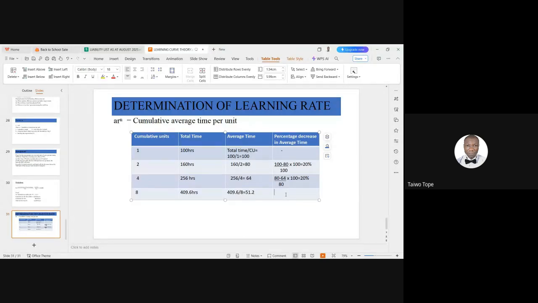When the cumulative unit is 8 and the average time reduced from 64 to 51.2, what will be the percentage decrease in average time? 64 minus 51.2 divided by what?